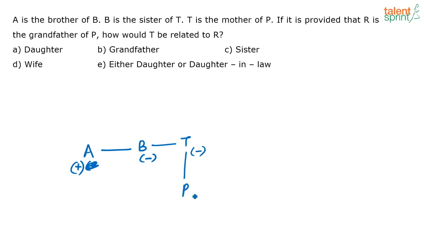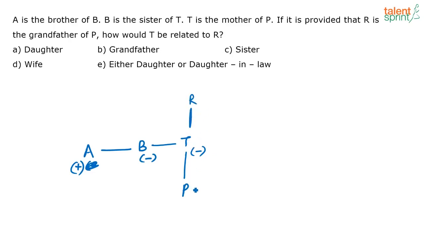It is provided that R is the grandfather of P. How would T be related to R? R is the grandfather of P means here either R can be the parent of T, correct?